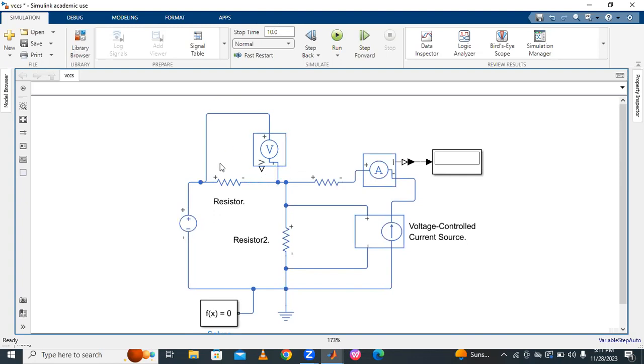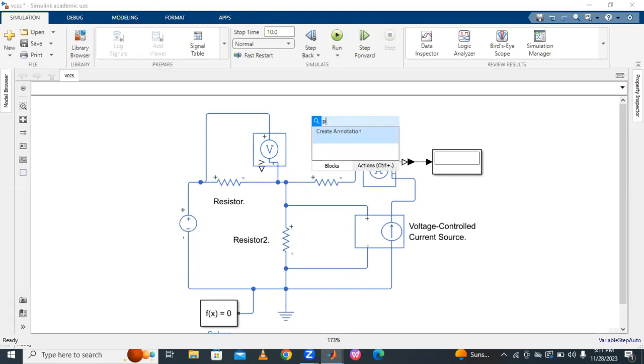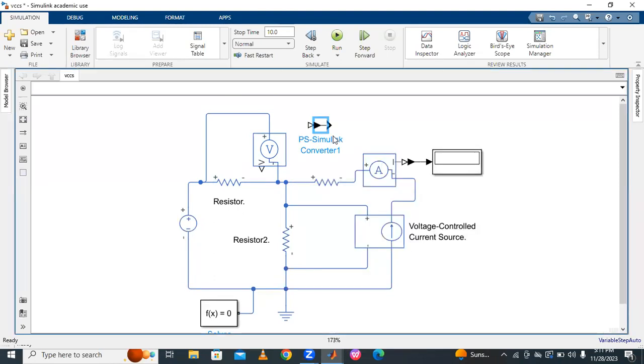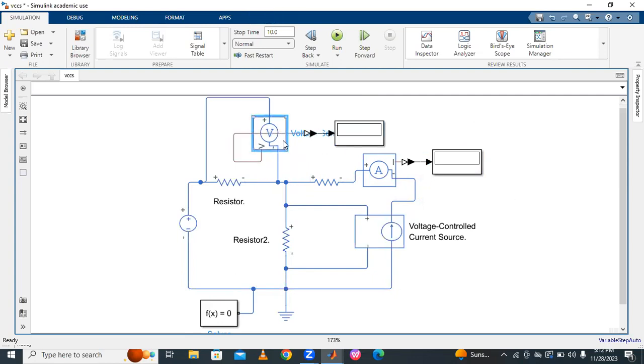Like this the voltmeter is connected in parallel, and in a similar way one PS-Simulink converter is required, Simscape to Simulink, and then take one more display and place it here. So this is called voltage sensing.